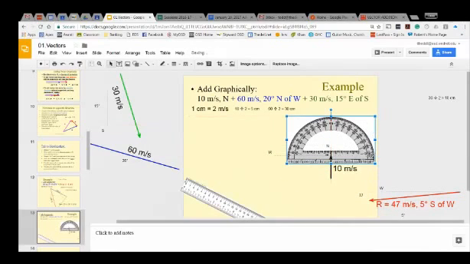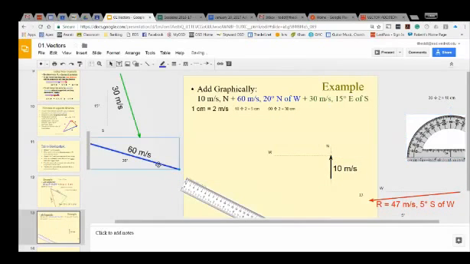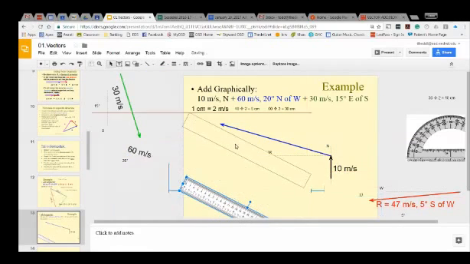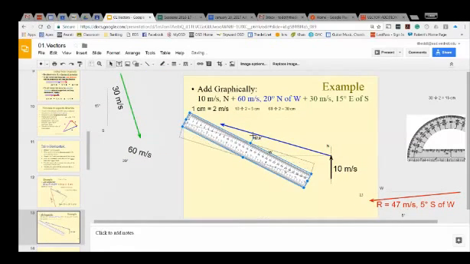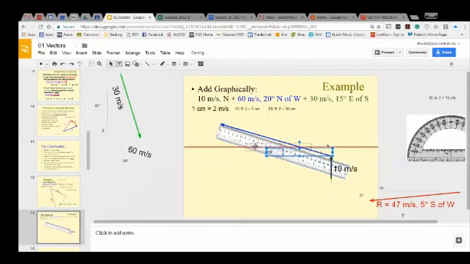By now you should be pretty good at drawing vectors to scale. So it's going to go off that way. So I put a tick mark there. Draw my line using my ruler so I can get the right size at the same time. I'm going to go 30 centimeters, which in this case doesn't look like 30 centimeters.